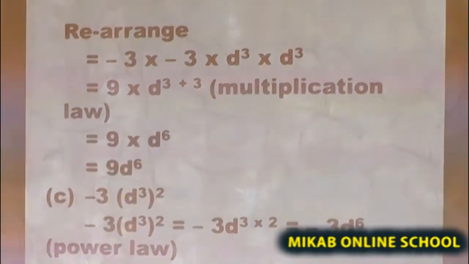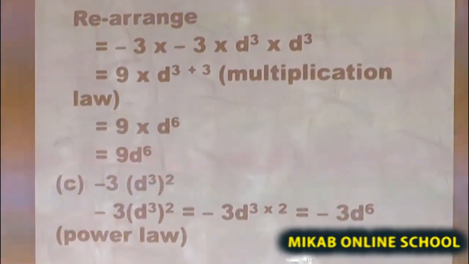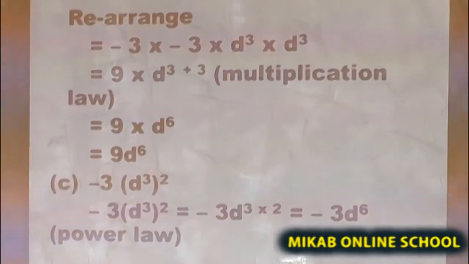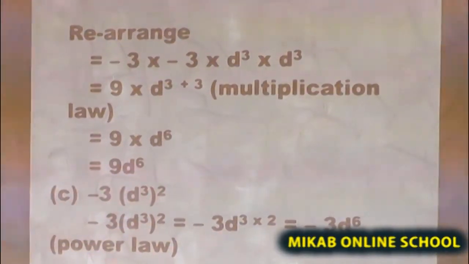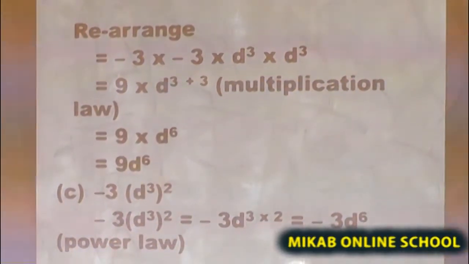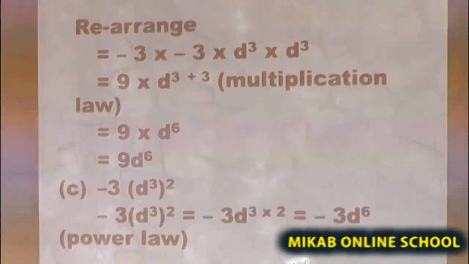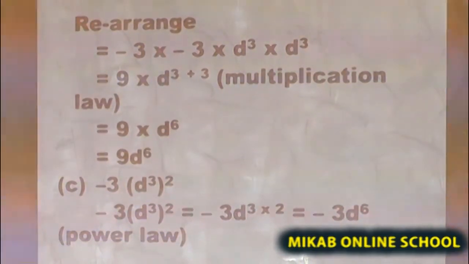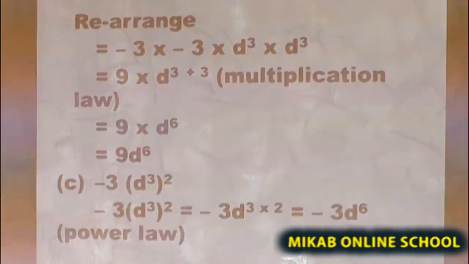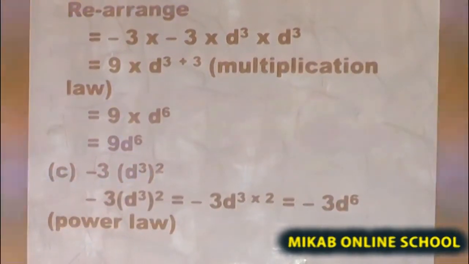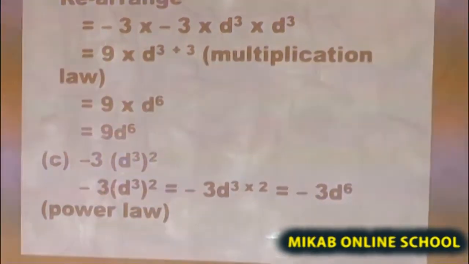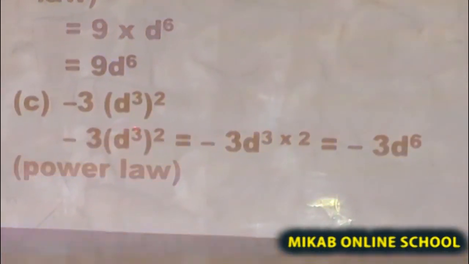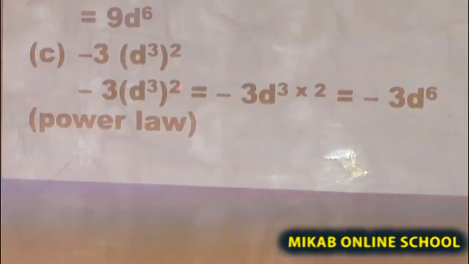It means that this -3 is not affected by this 2 as the power of this d raised to the power of 3. Now, by the time you want to solve this one, all your attention will be on everything within the brackets, and this -3 will be written along with it, and you are going to have -3, open bracket, d raised to the power of 3, close bracket, squared.